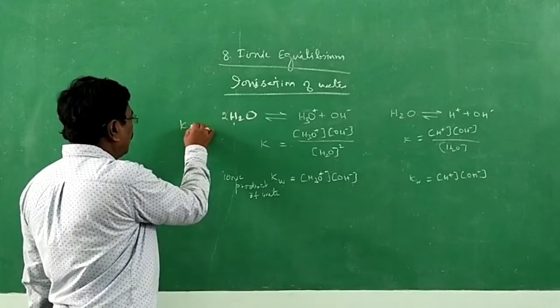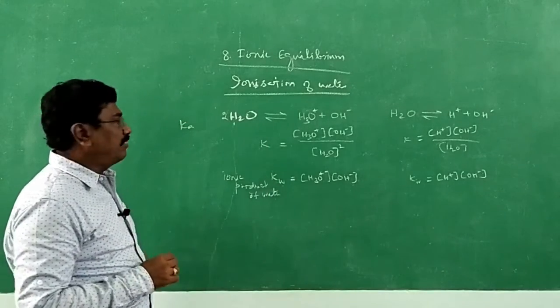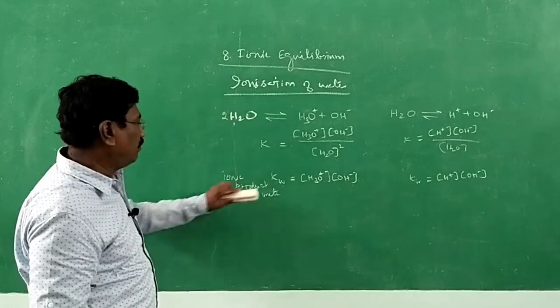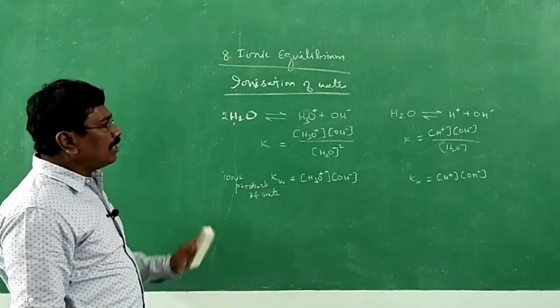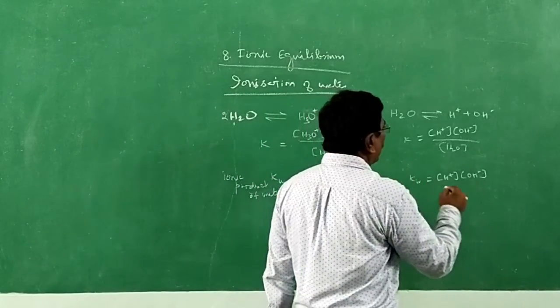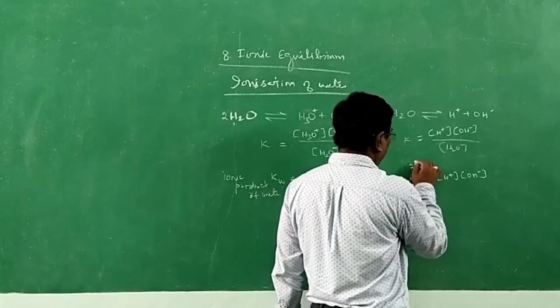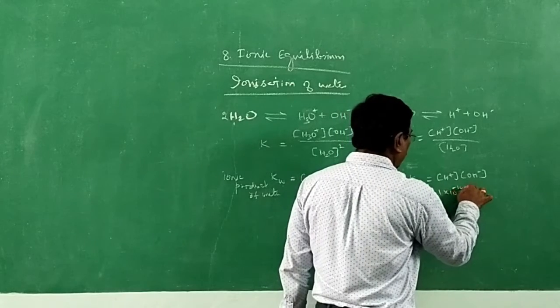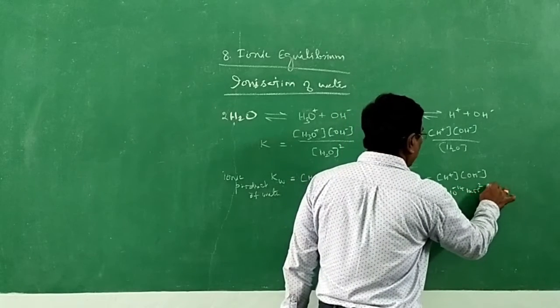Earlier we have seen Ka, the ionization constant of a weak acid, Kb, the ionization constant of a weak base, and Kw, the ionic product of water. Now, at about 25 degrees Celsius, the value of the ionic product of water is found to be 1 into 10 power minus 14 mole square decimeter to the power minus 6.